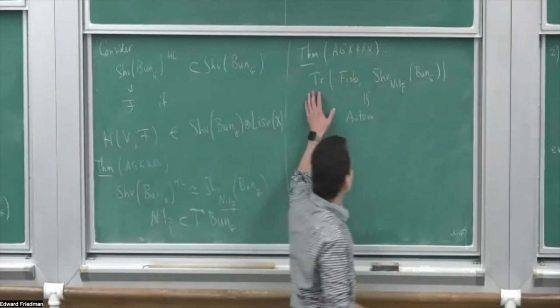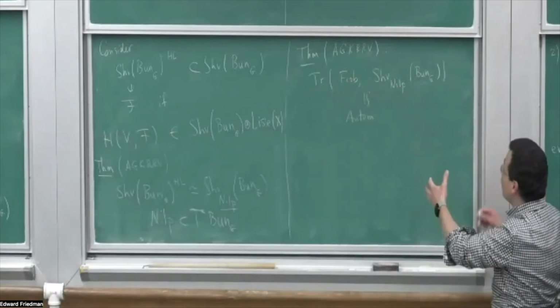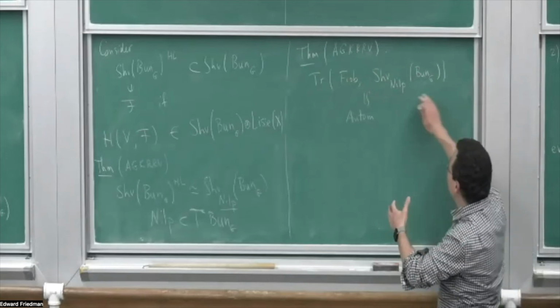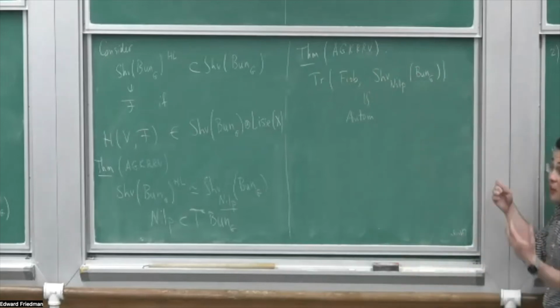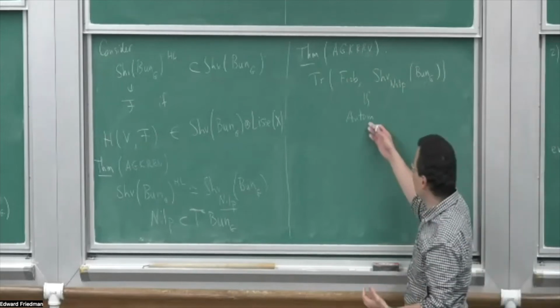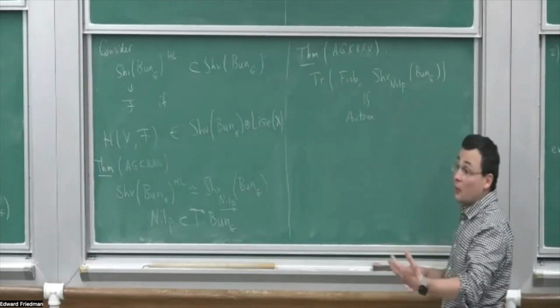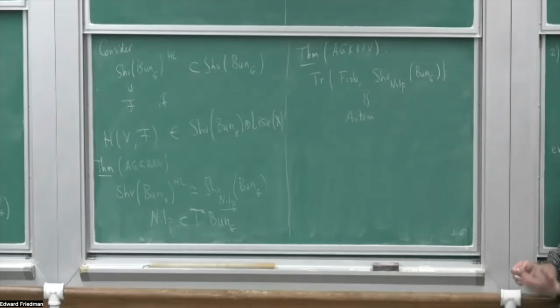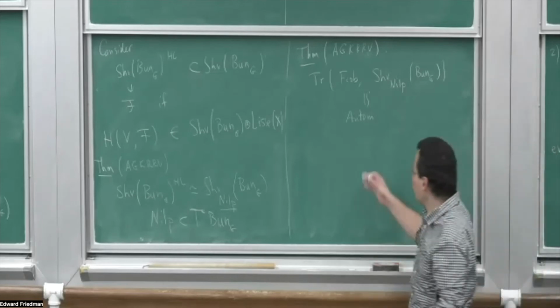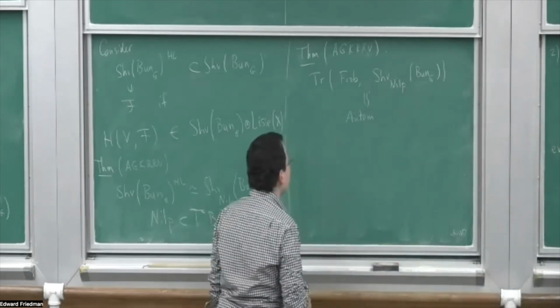By the way, one part of this theorem is that everything here is the derived category. In particular, a trace is a priori a chain complex. And so one thing that this says is that it only has cohomology in degree 0, and that unique cohomology group is the vector space of automorphic forms.